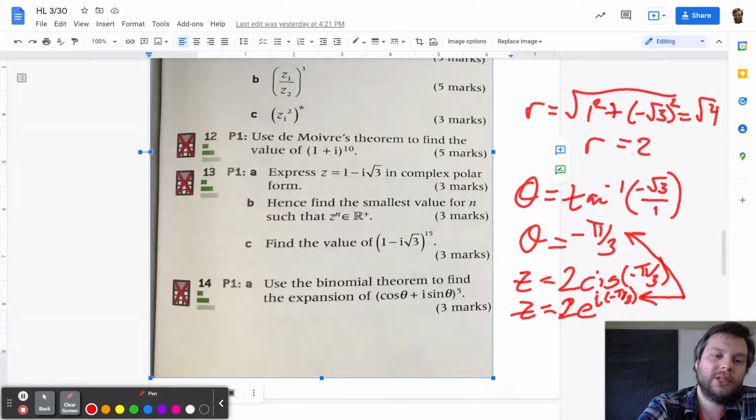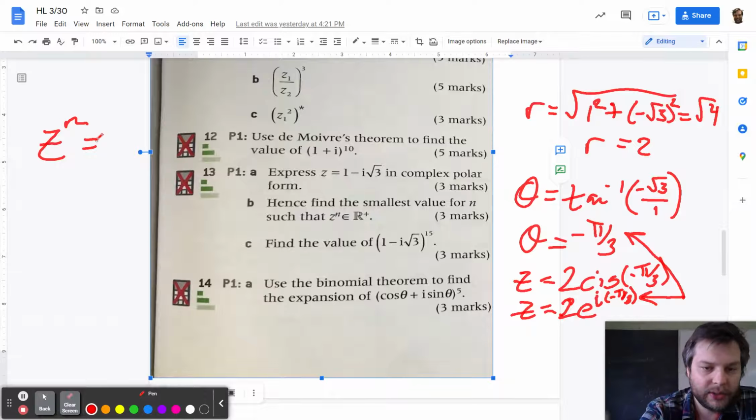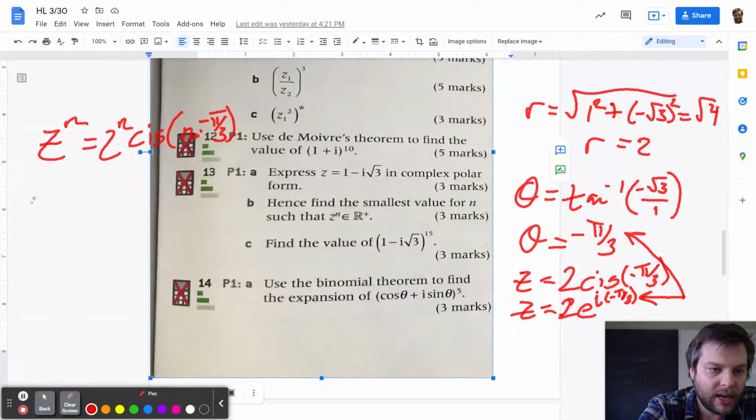And so the question then is z to the n is equal to 2 to the n times the cis of n times the theta, which is negative pi over 3. And I want to know, when does n times negative pi over 3 equal negative 2 pi?